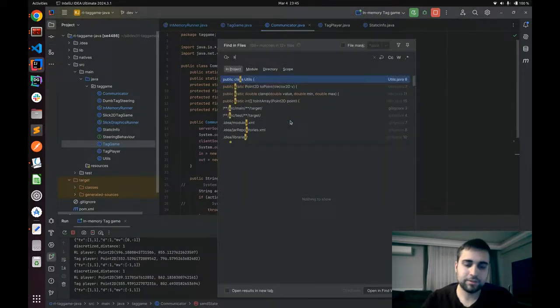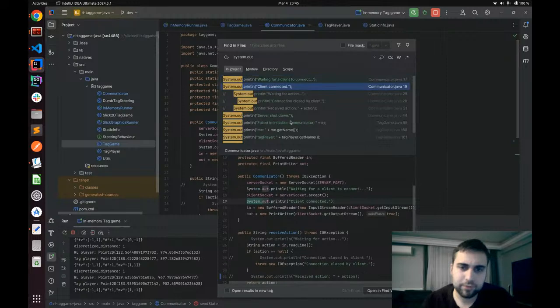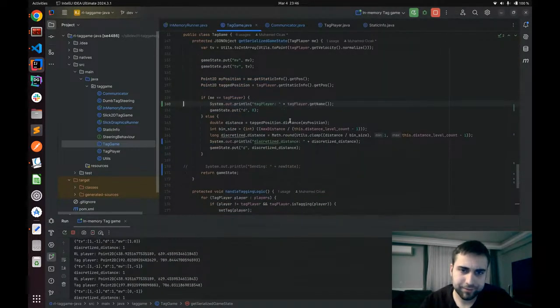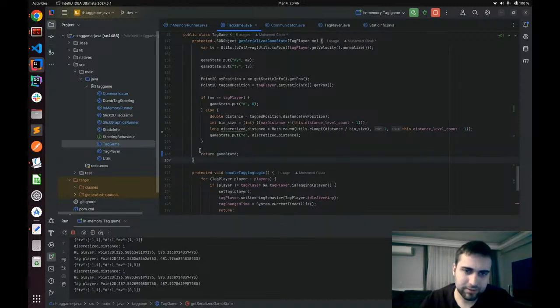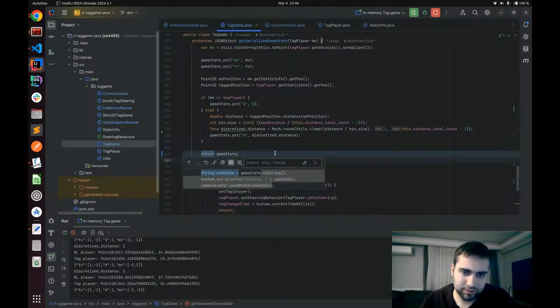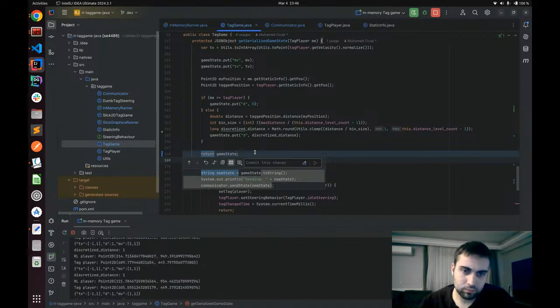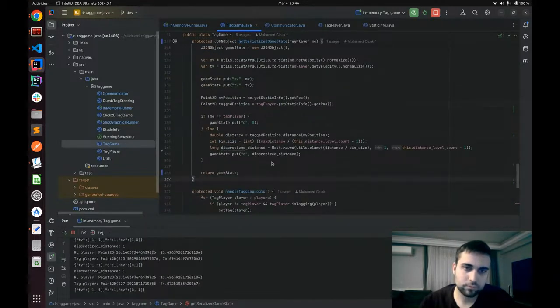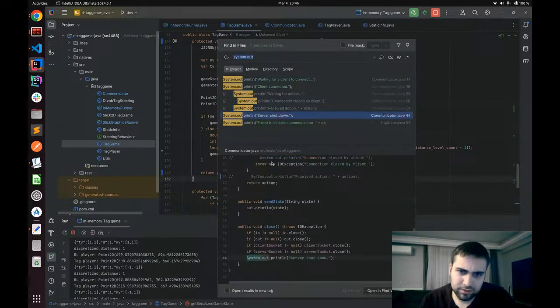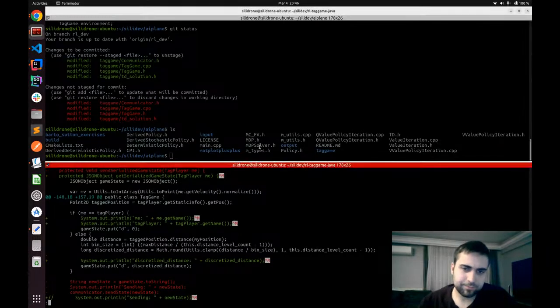Yeah, let me delete those system out print lines real quick. I don't know what that is. What's that? Hmm, doesn't matter. Yep, I think that's fine.